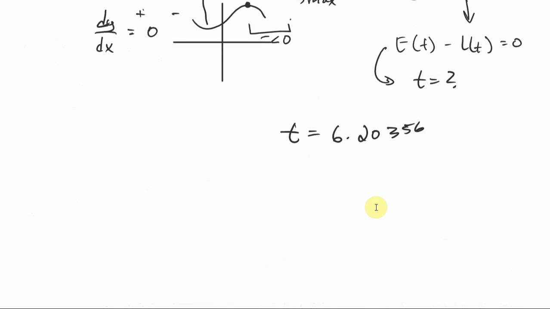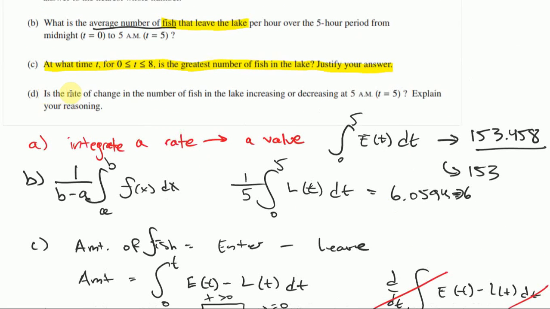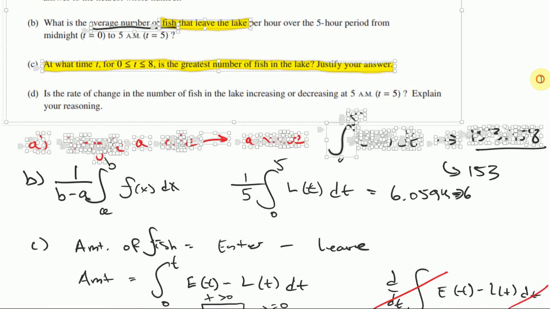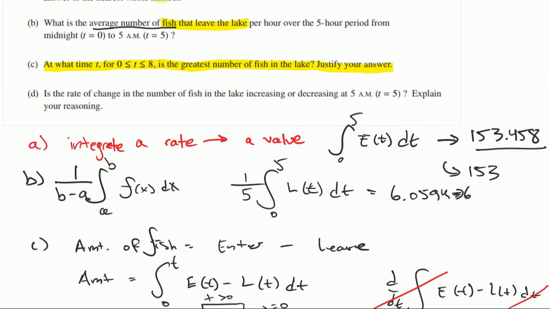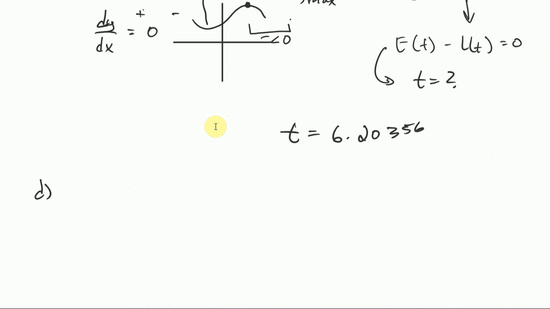Now for part D, they're asking us, is the rate of change in the number of fish in the lake increasing or decreasing at t equals 5? Is the rate increasing or decreasing? That sounds a lot like checking whether the derivative is positive or negative, but in reality we're checking whether the derivative of the derivative is positive or negative.